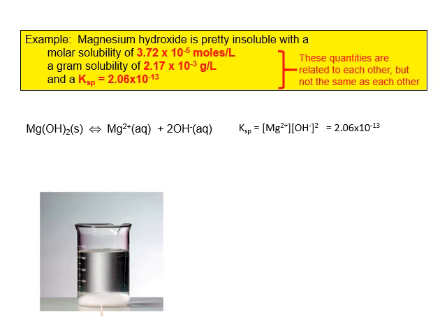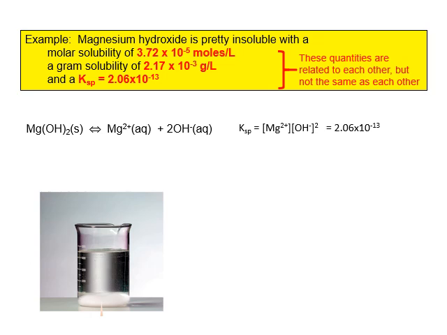The equilibrium constant is equal to the concentrations of the products divided by the concentrations of the reactants. In this case, the KSP for this reaction is the concentration of magnesium 2+ ions times the concentration of hydroxide ions squared. Remember that pure solids don't appear in equilibrium constant expressions.